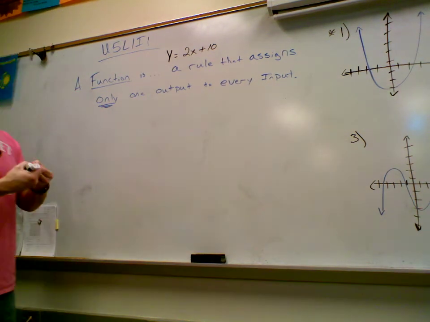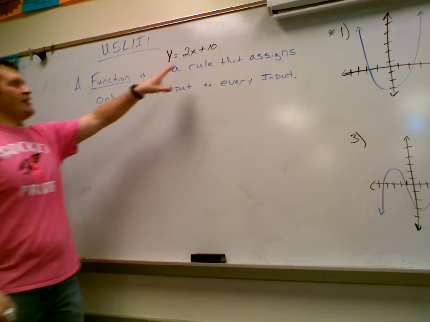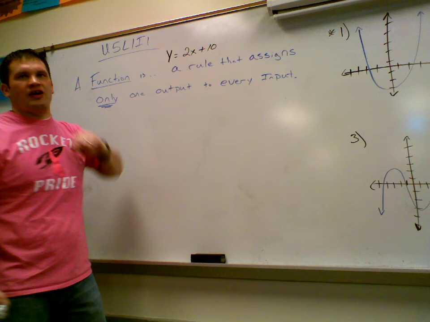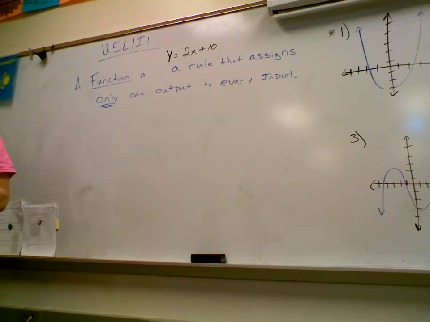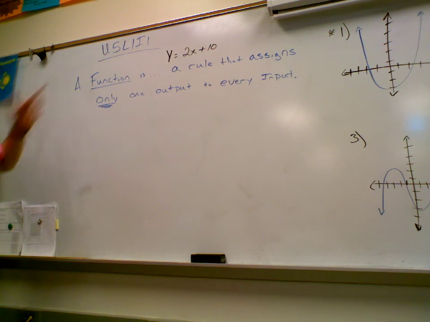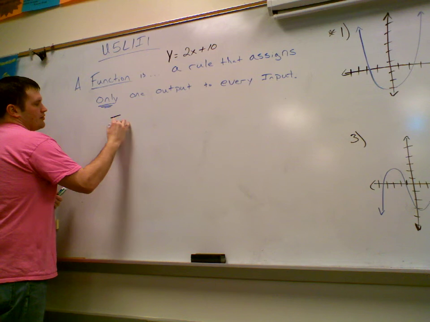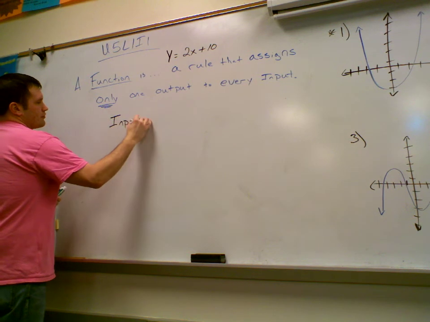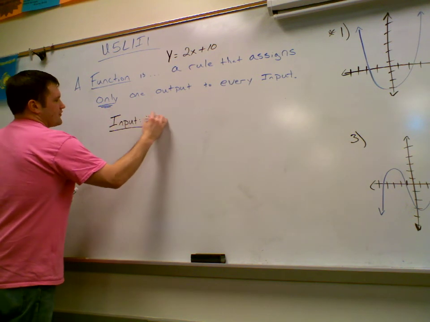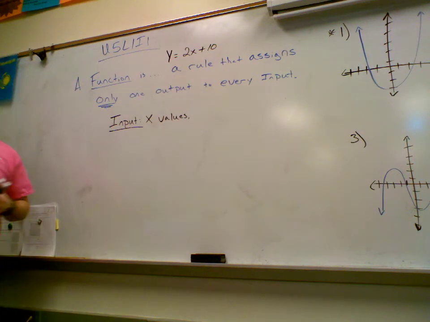So which value is our input? The x. We plug into x. We put numbers in for x. It's the input. We get out the y. So inputs are all the x values. It's what we put into the function.